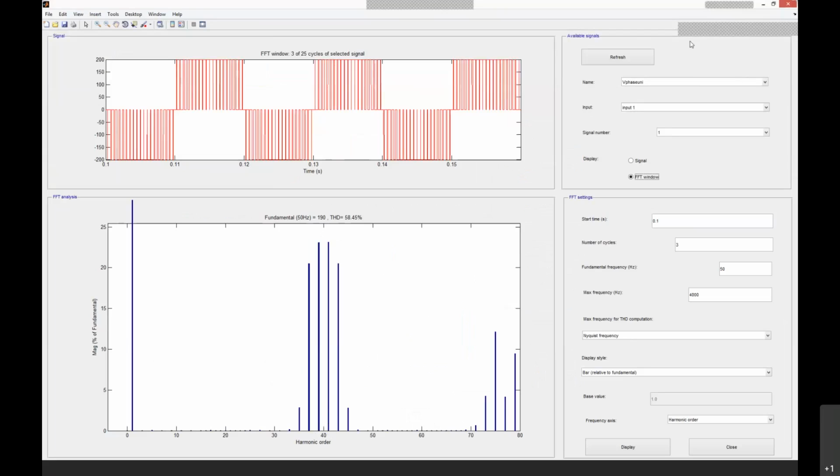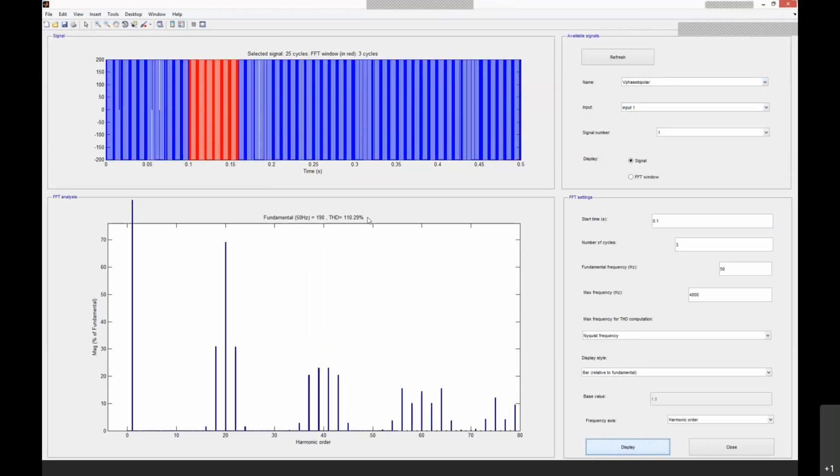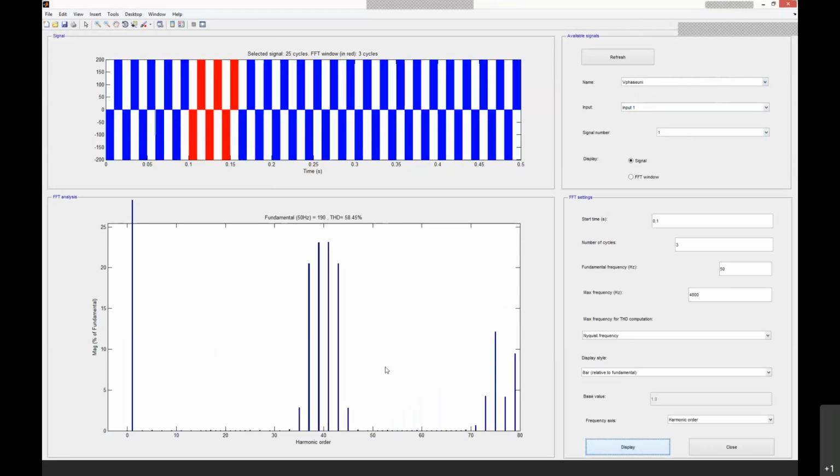And if you compare this with the earlier case, THD is around 110.29, and now it is reduced by almost 50%, because the harmonic spectrum is moved to the higher side. So all these lower order harmonics around 20 Hz have now disappeared.